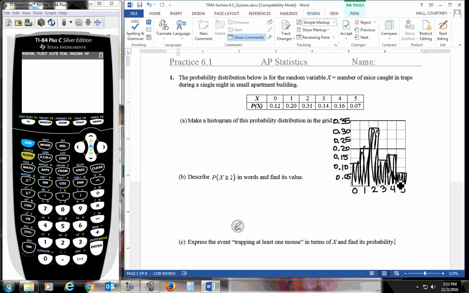Okay, so I'm going to write in words the probability, because the P does stand for probability, that 2 or more mice are caught during a single night.